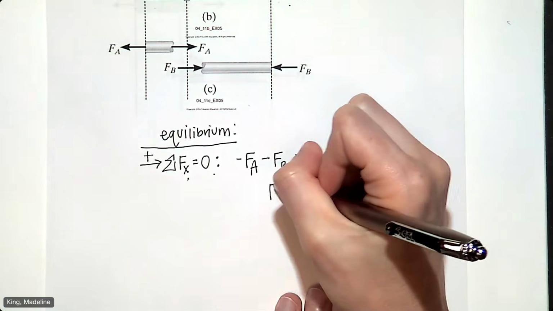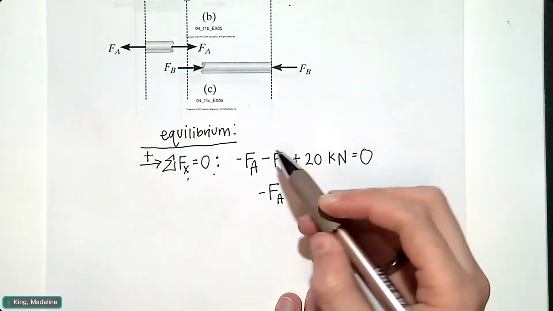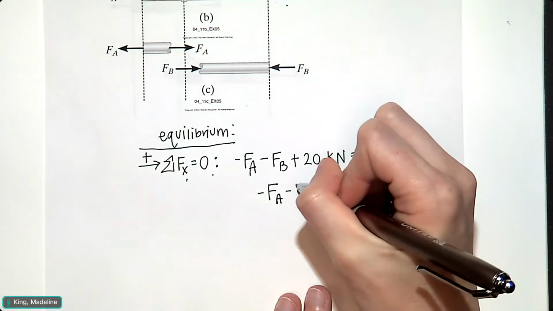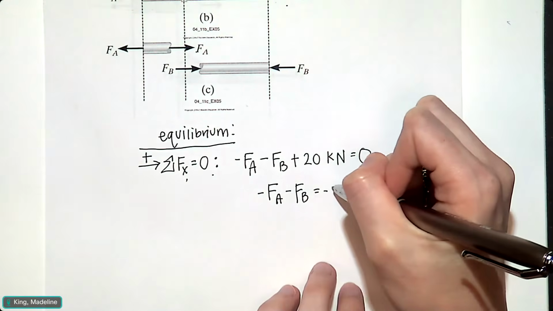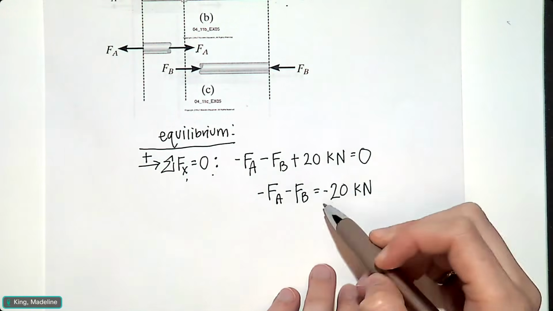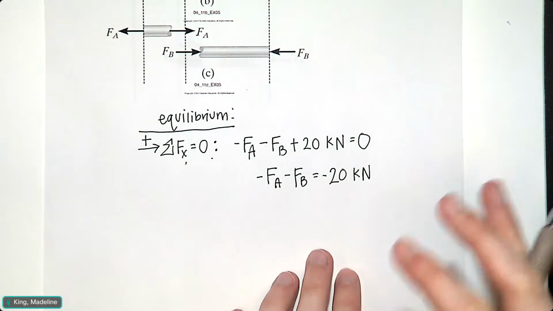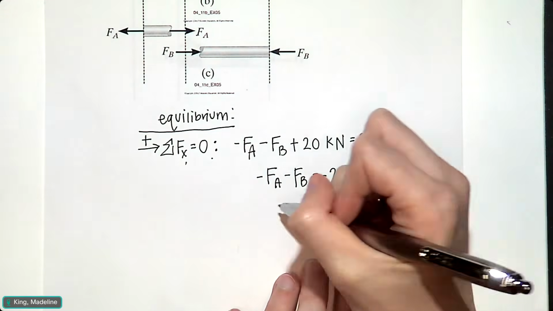So if we rearrange, minus FA minus FB is equal to negative 20 kilonewtons. I see that they have a negative in common, so I'm just going to take that negative out just to make it easier for us in the future.